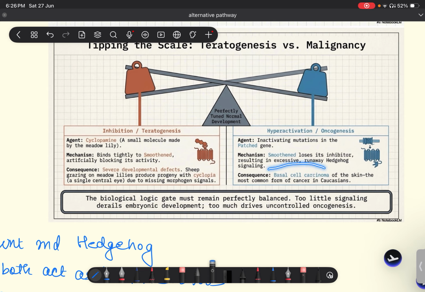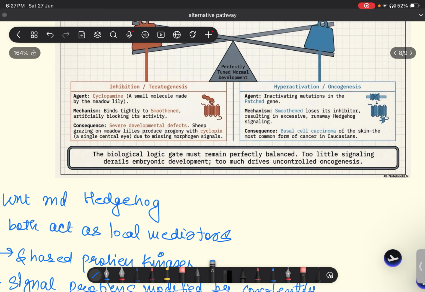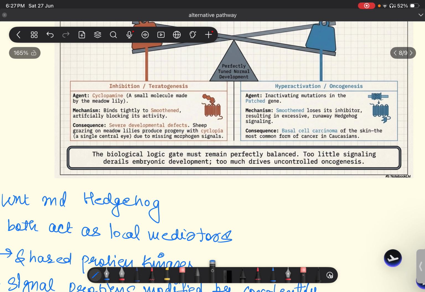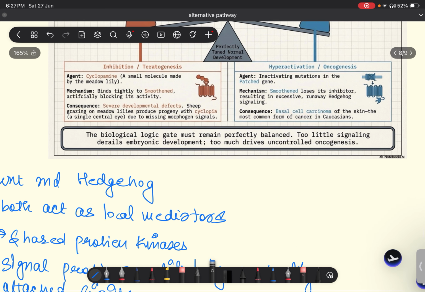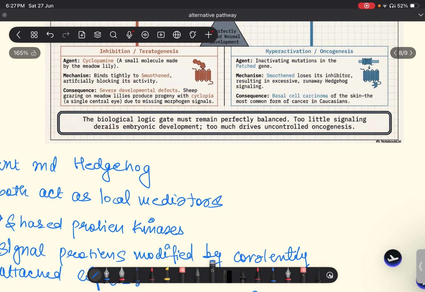So there would be basal cell carcinoma, one of the most common forms of cancer in Caucasians. So obviously it must be perfectly balanced, because if there is very little, then the embryonic development will be derailed, right? If there is too much, then you can have uncontrolled oncogenesis.